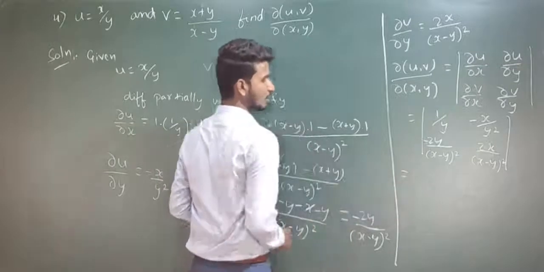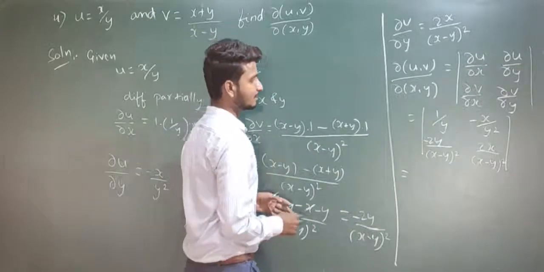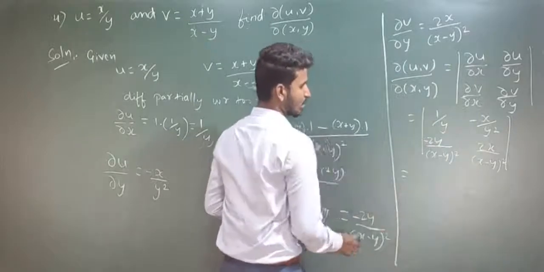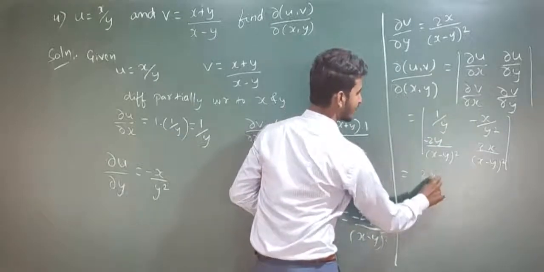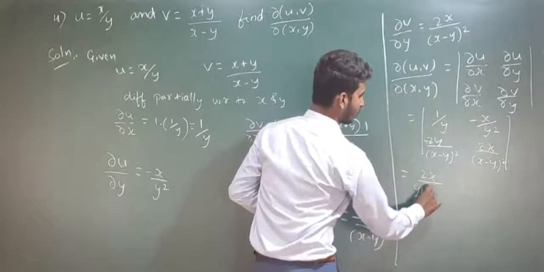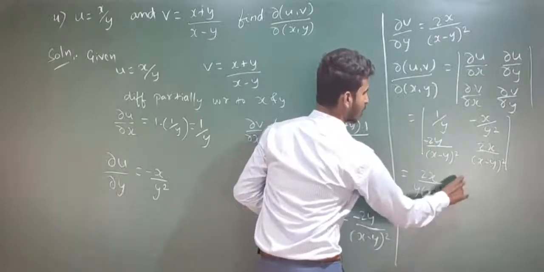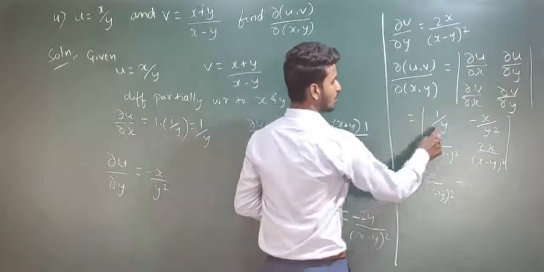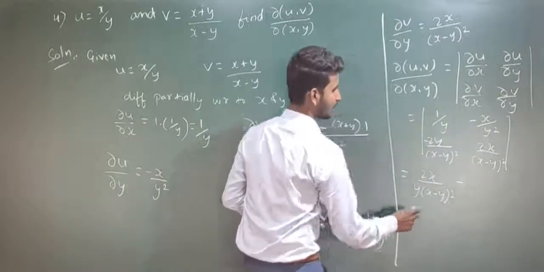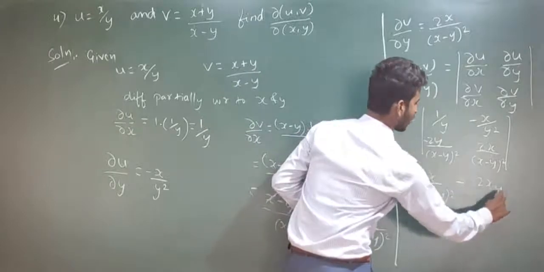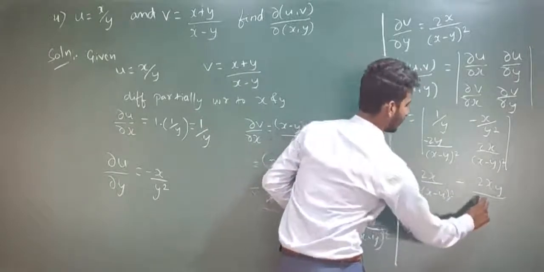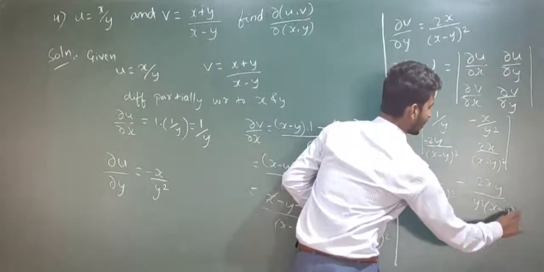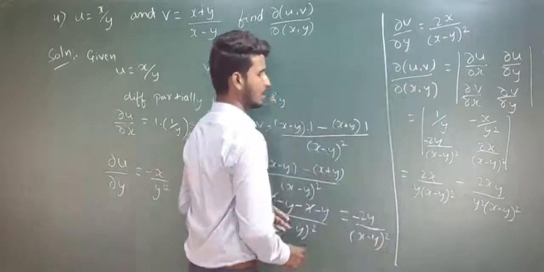Next we have to solve the determinant, that is 1 by y into 2x divided by x minus y whole square, that is 2x divided by y into x minus y whole square, minus into minus, plus, that is 2xy divided by y square into x minus y whole square.